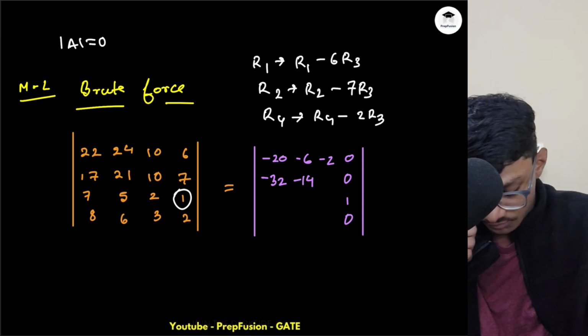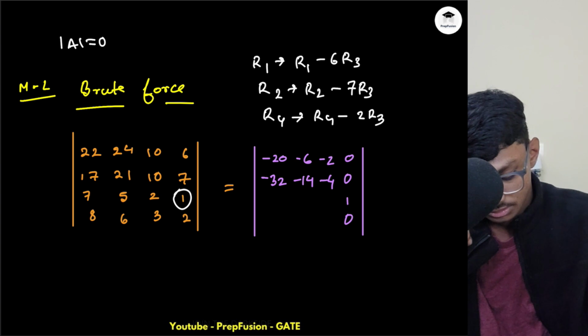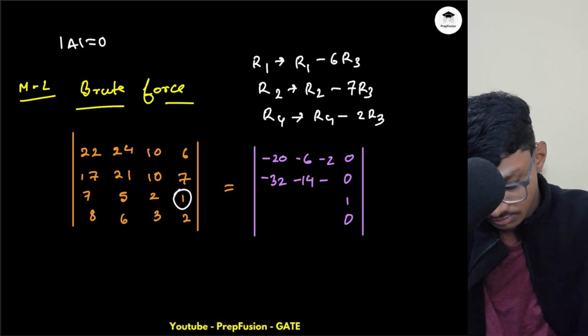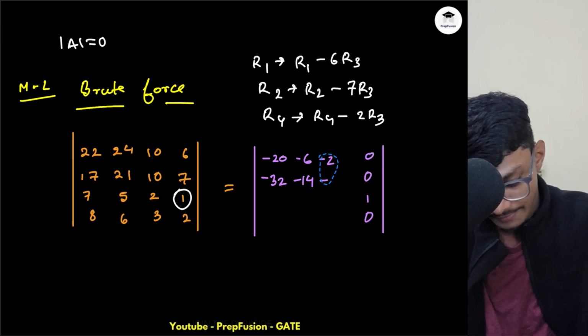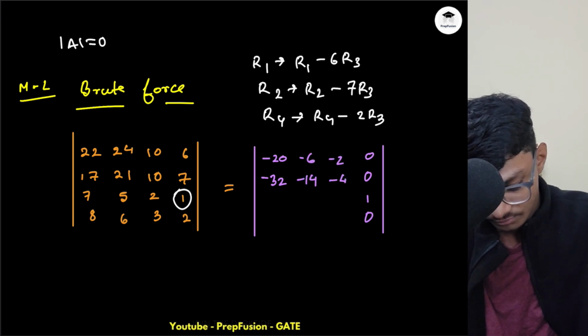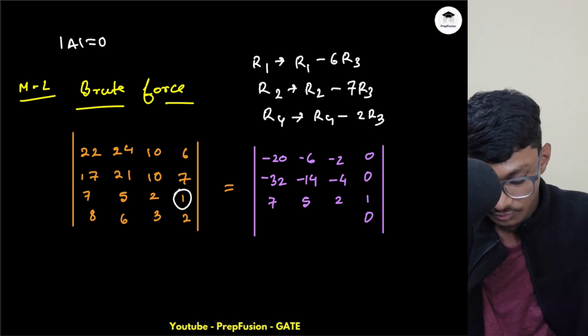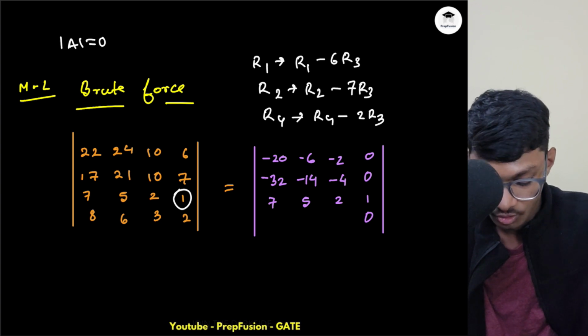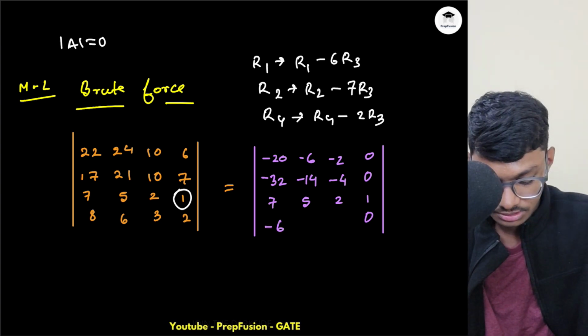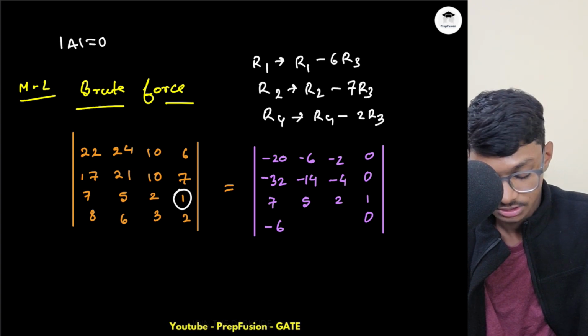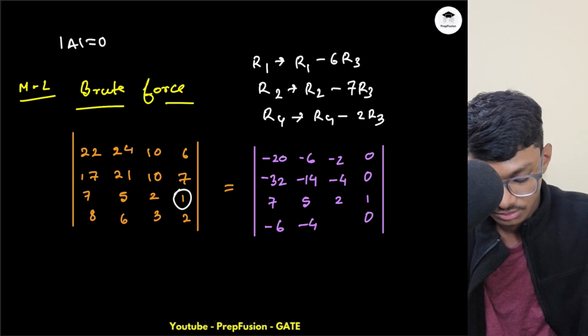Then 14 minus 4, and this is 7 5 2. In the fourth column, it is 2 times subtraction, so 8 minus 14, which is minus 6. Then 10 minus... minus 4. Then 3 minus 4, which is minus 1.